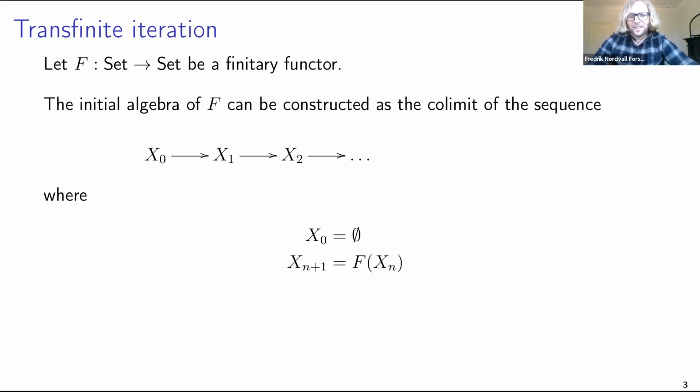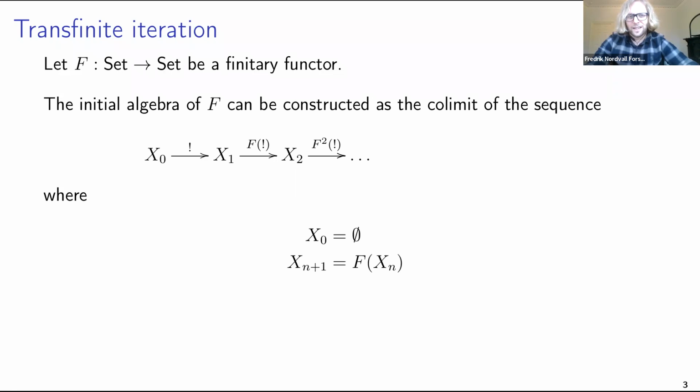And then if you don't want X0, but you want X(n+1) for some n, then you just apply F to the previous stage, right? So you do this, okay, but you want this to be a sequence, so you need maps between them. So you need a map from X0 to X1, but there's one unique map from the empty set to any other set.